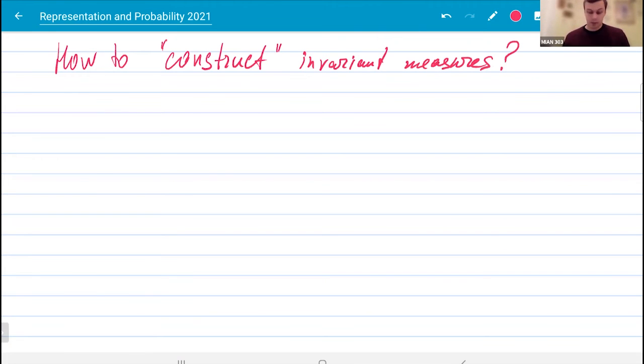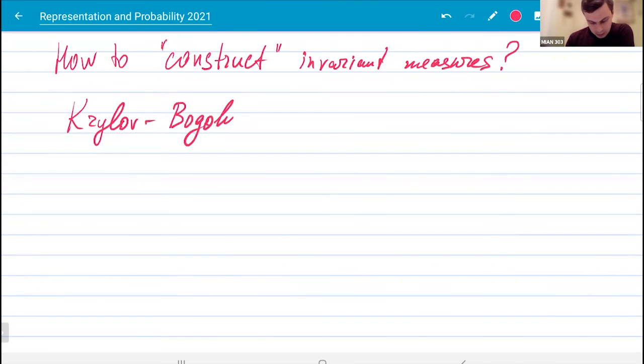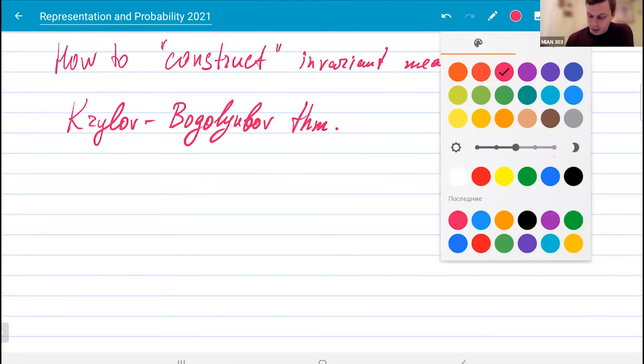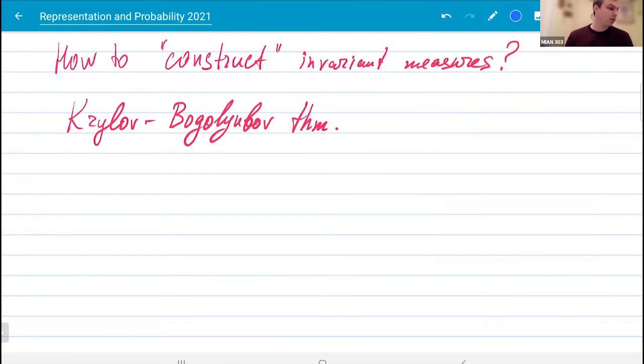Well, this is called the Krylov theorem. That is the following.